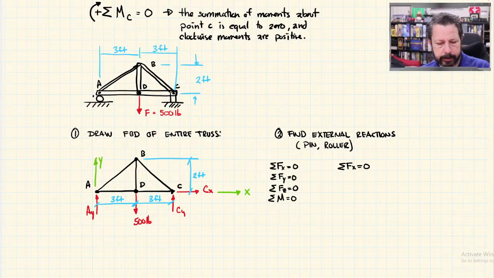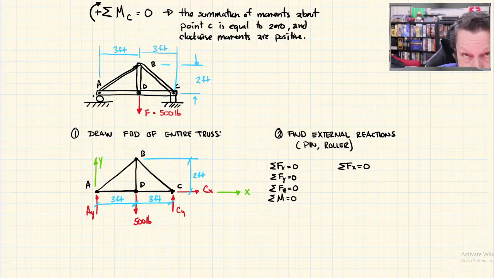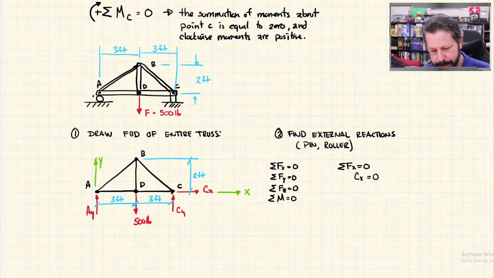So I look at my free body diagram here just to the left, and the only force that I see on here is Cx. That's in the x direction. So my equation, if I add up all the forces in the x direction, I just have Cx. So Cx equals 0.